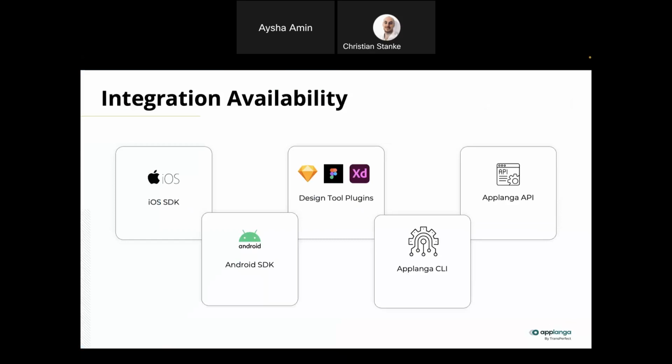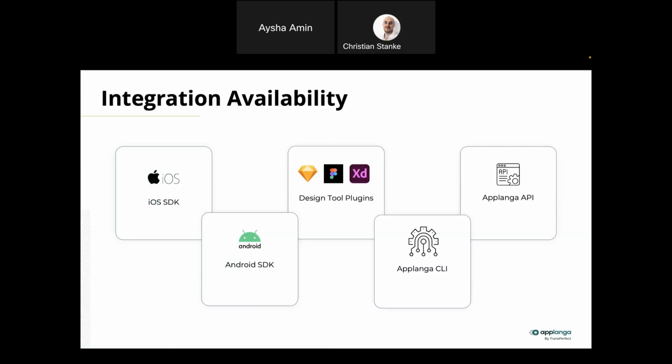Okay. So speaking of integrations, branching is currently only available for some of the Applanga integration options. So that's going to be our iOS and Android SDKs, all of the Applanga design tool plugins, Sketch, Figma, Adobe XD.